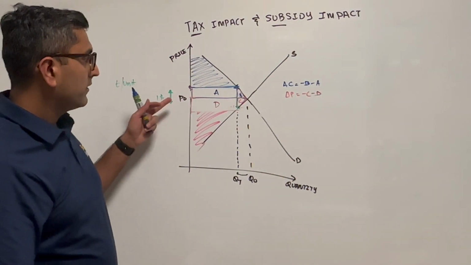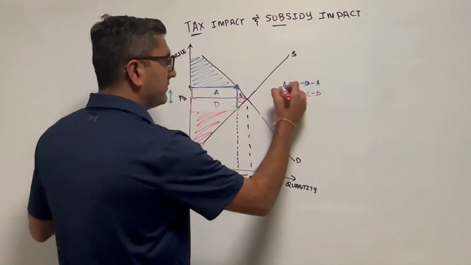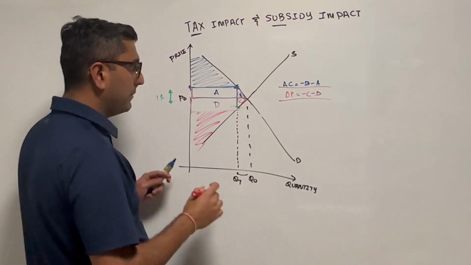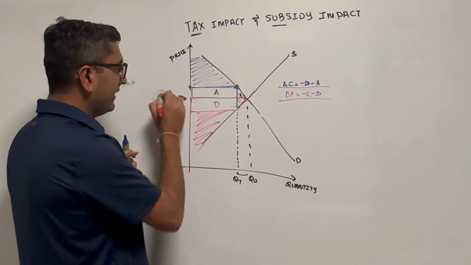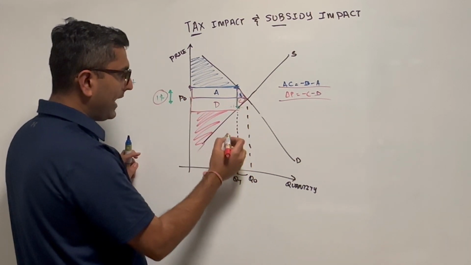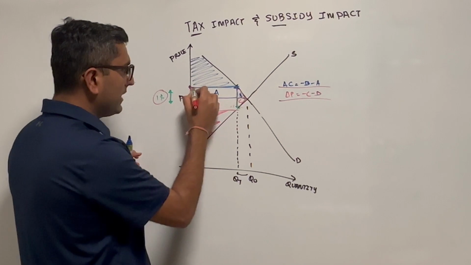So consumers lost big time, producers also lost big time. But the government, with this $1 tax that got added, is actually going to make that much money.